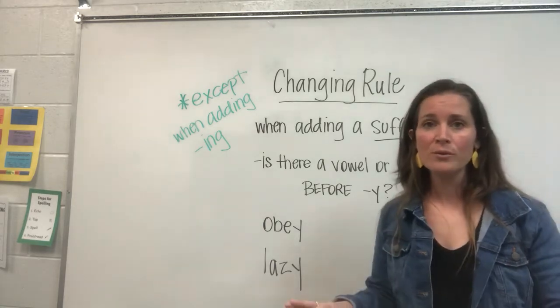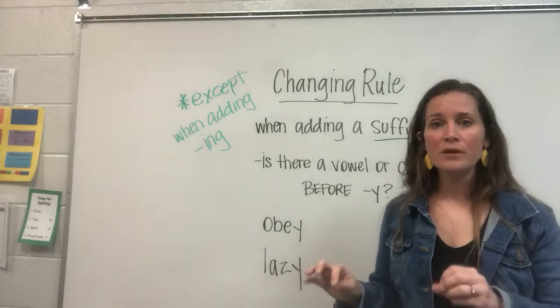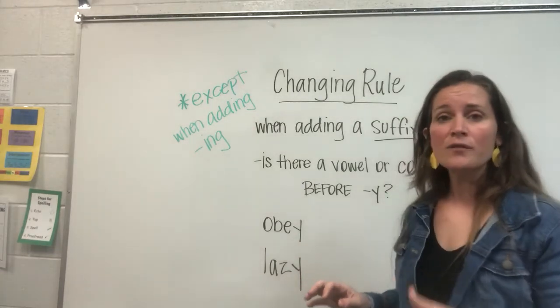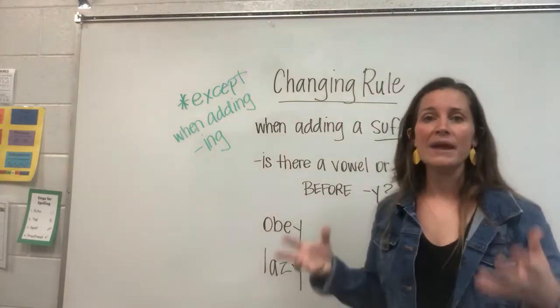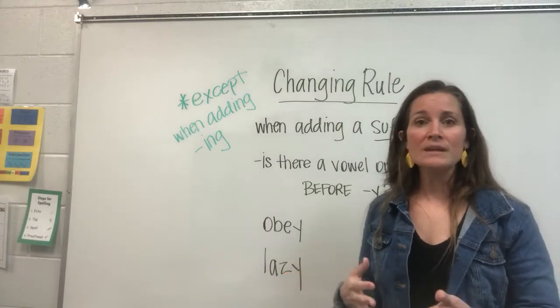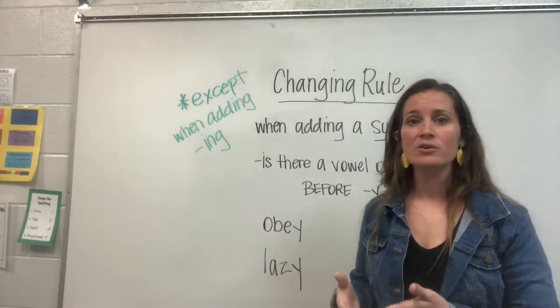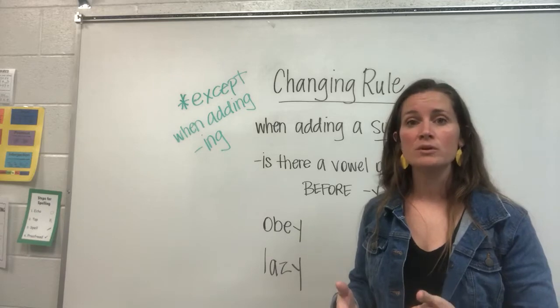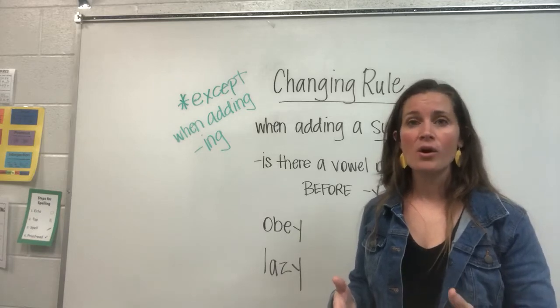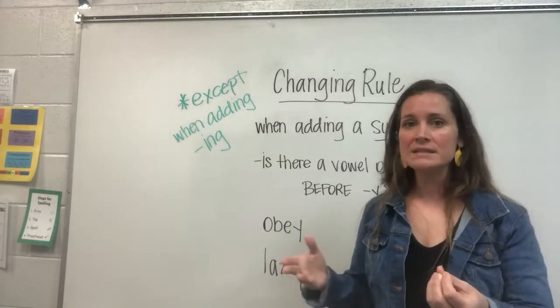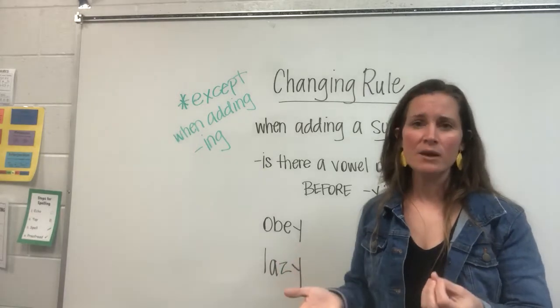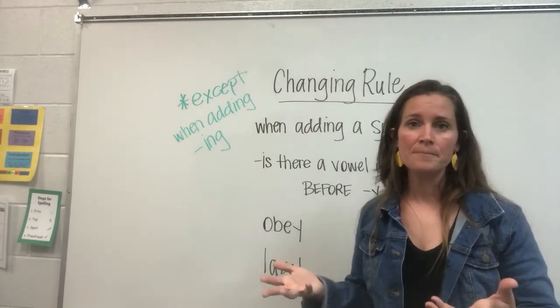Now, before we go any further, let's review some of our vocabulary. The first word I want to review is a base word. You will notice that all of your spelling words that are listed this week are base words. That means that they are a word without any suffix or prefix or anything else to it. They're just a word.